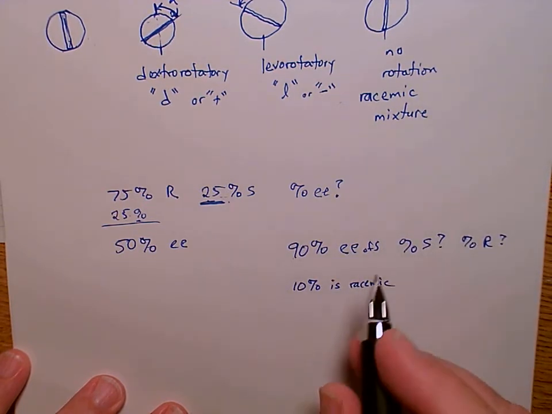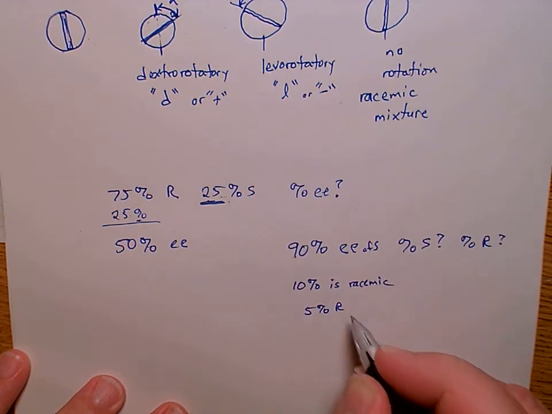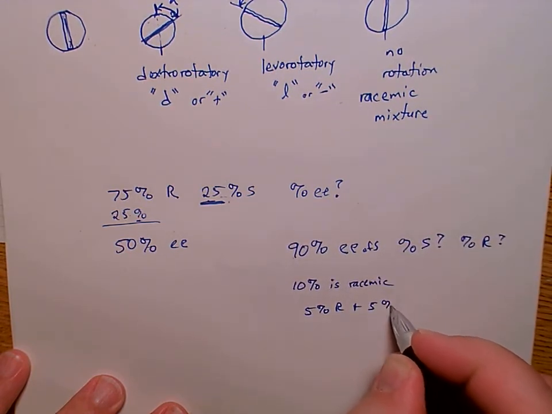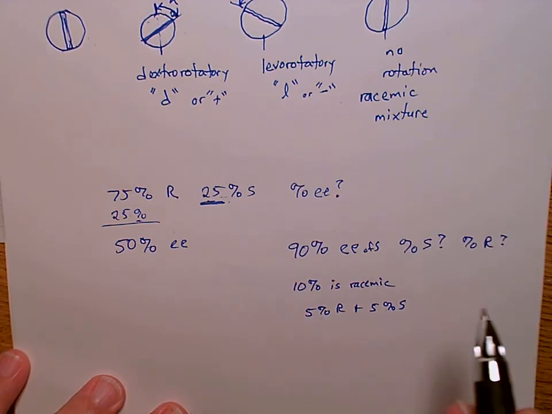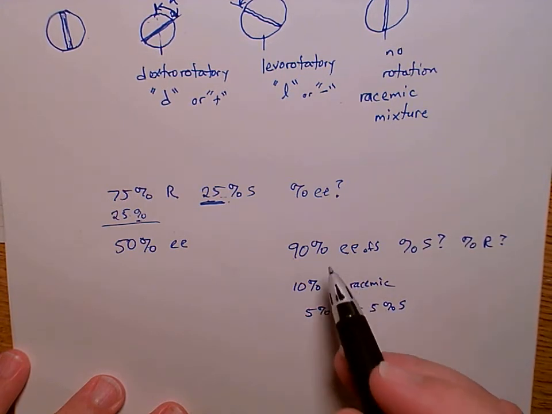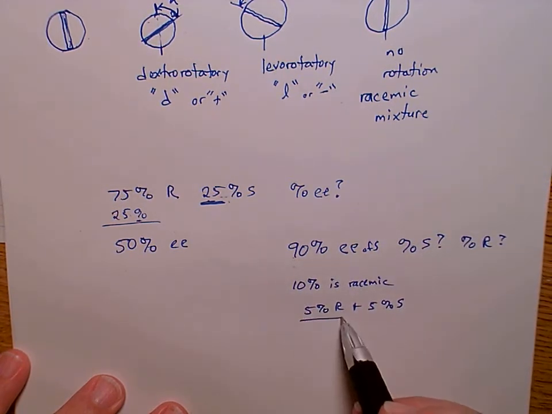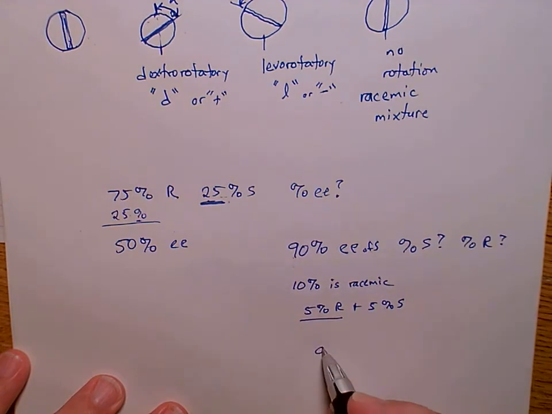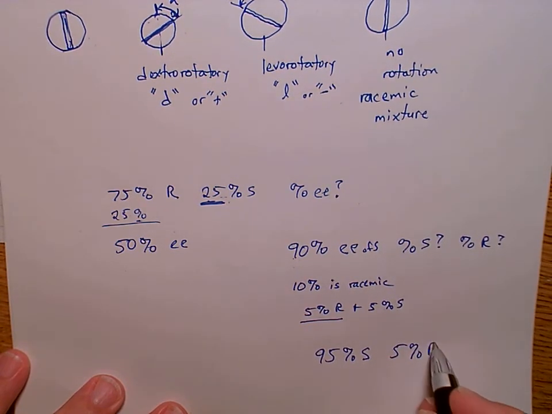If 10% is racemic, that means you have 5% R and 5% S, because you have to have the same amount of S and R in a racemic mixture. Your total is the 90% enantiomeric excess of S plus the 5% of the racemic mixture. You had 95% S, 5% R.